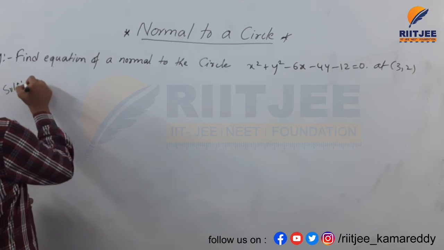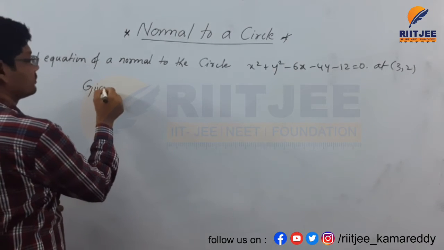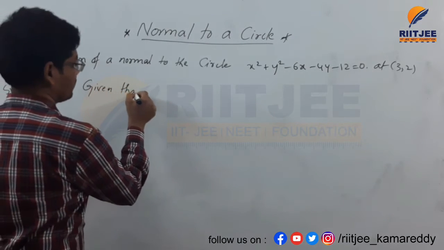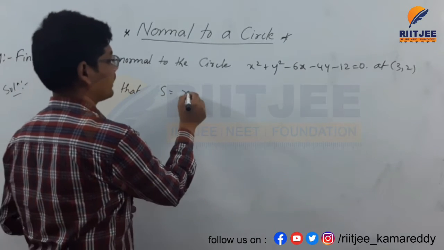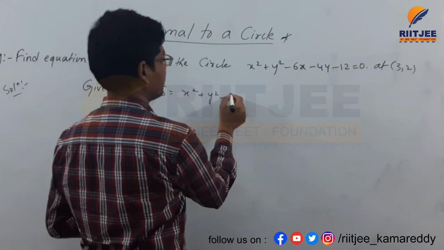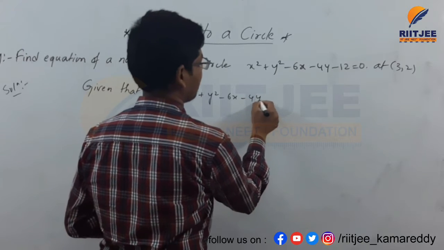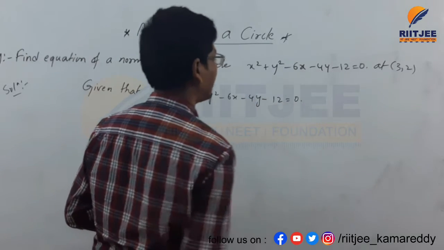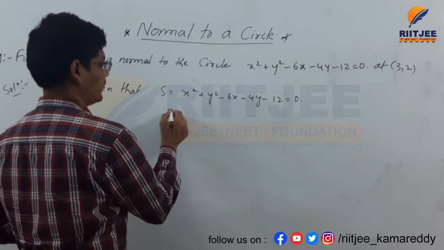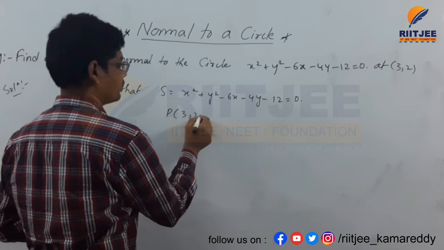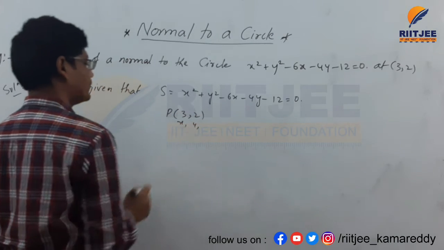Here the solution is given that S is equal to x square plus y square minus 6x minus 4y minus 12 is equal to 0, and point P is 3, 2, this is x1 and y1.